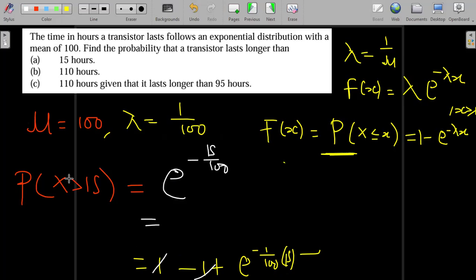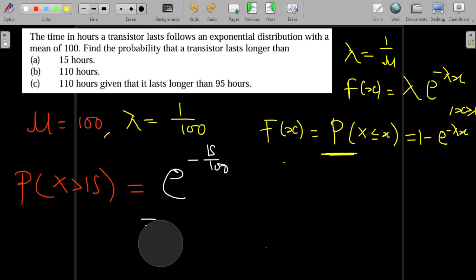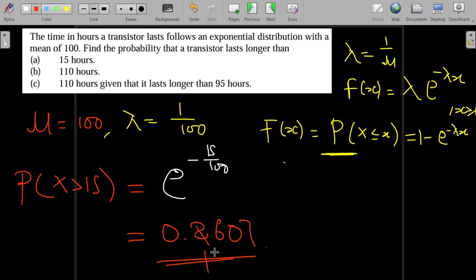It is 15 because we are finding for 15 there. So just punch in those values on the calculator. It will be e to the power minus 15 over 100, which is giving me approximately 0.8607. So that's the answer on A.